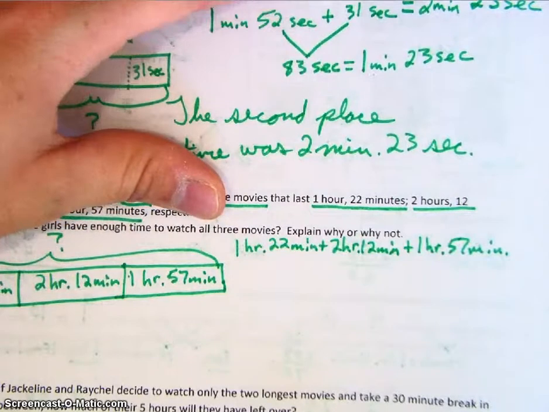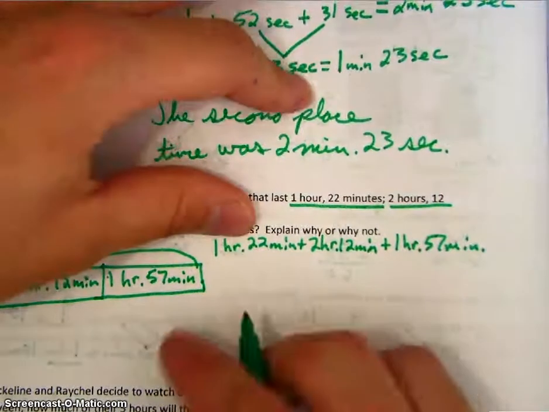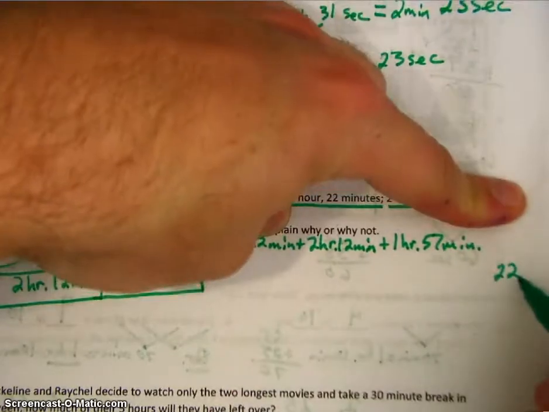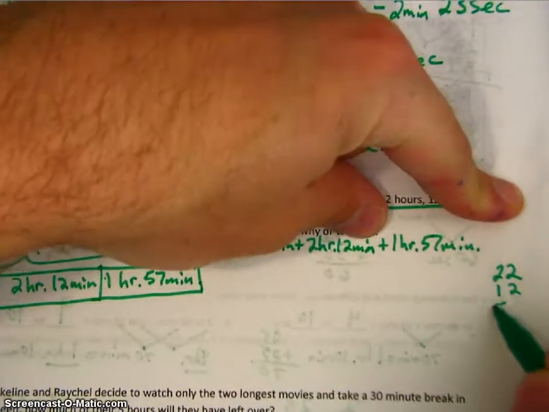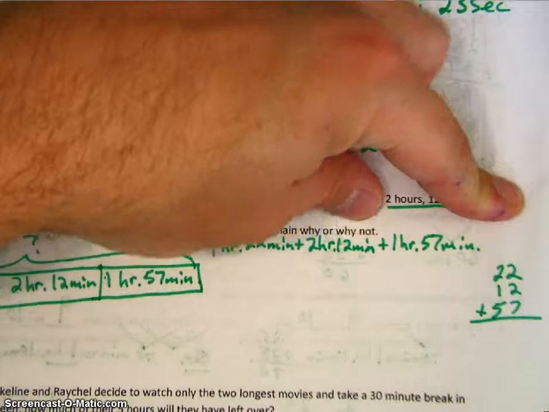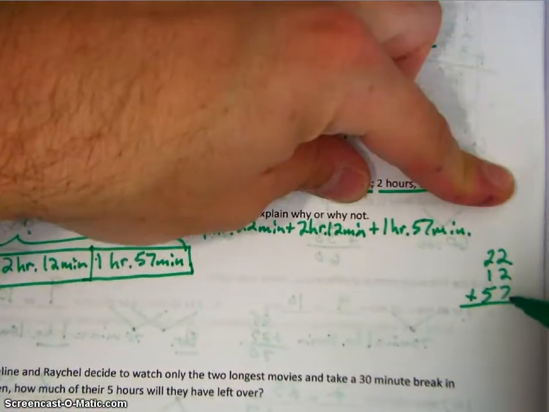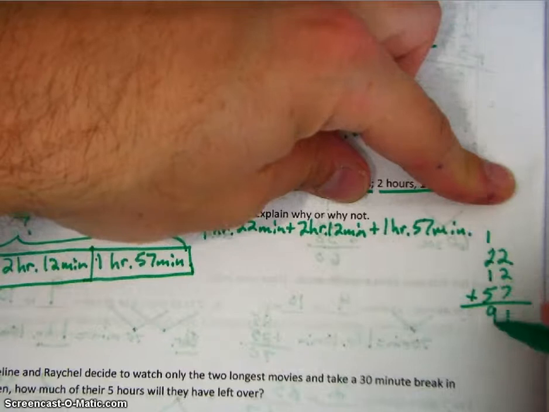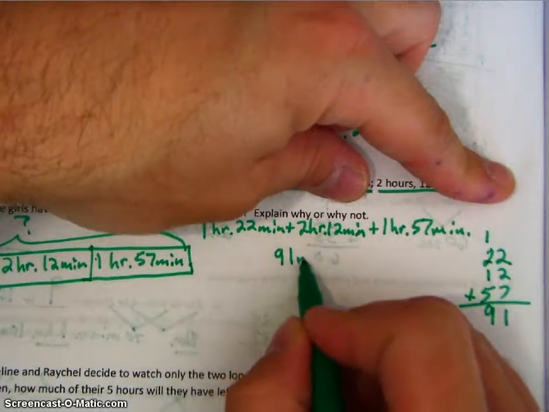So now if we add up our minutes, we see that we have 22, 12, and 57. So we have 91 minutes.